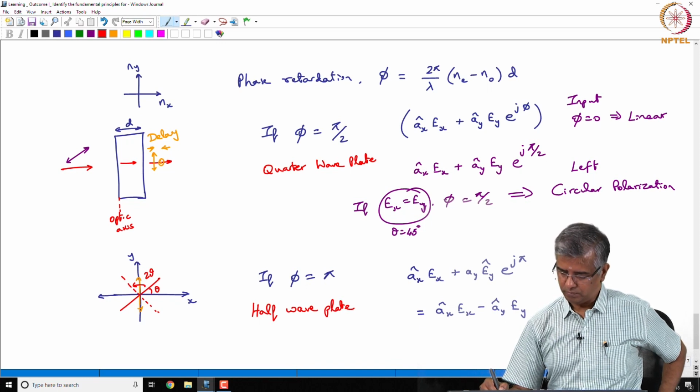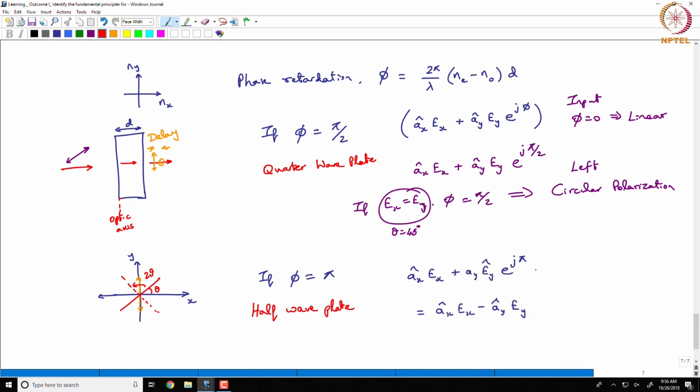So, you can call this a polarization rotator. Half wave plate can be used as a polarization rotator. You put a half wave plate between 2 crossed polarizers.